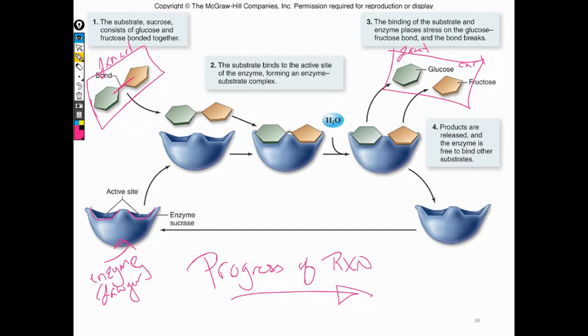And so, as we go through the progress of the reaction, and we know that we would need to get over that activation energy. So to do so, Gennaro, the couple, the bond, is going to go in and bind to that enzyme.